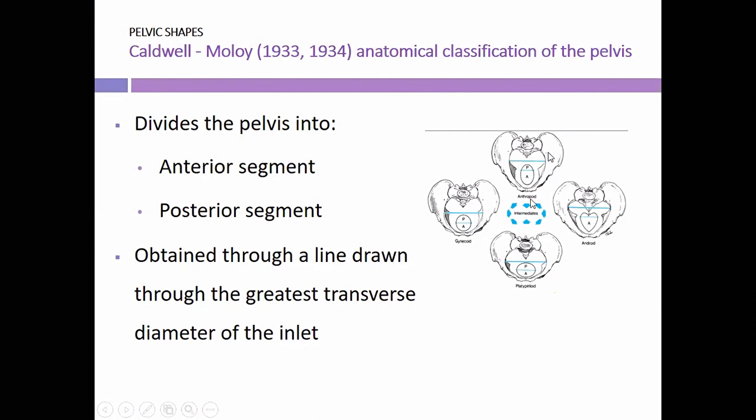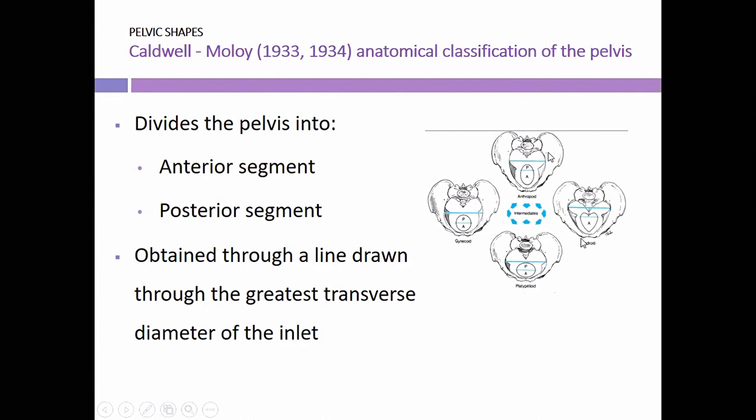So you have here the four shapes. You have the gynecoid, which is the most common for the female, and this has good obstetrical outcome for vaginal delivery. Then there is the anthropoid, or platypelloid, because the transverse diameter is wider than the AP, anteroposterior, diameter.